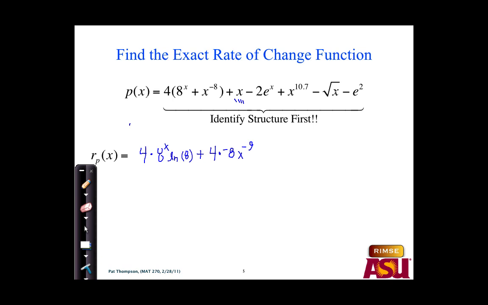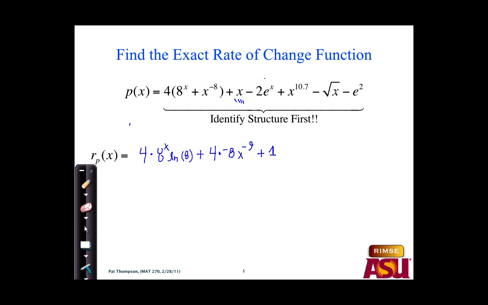It's not 0. It's not a constant function. It's a constant rate of change of 1 for this term. You can actually apply power rule. Say this is 1x to the first. And so if you reduce the power by 1, you get x to the 0 power, which would be 1. But in reality, this is just a constant function with a rate of change of 1.